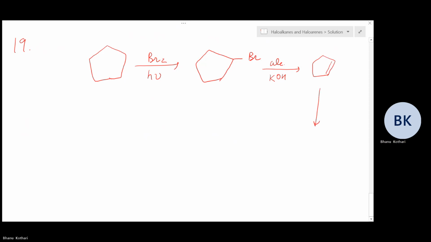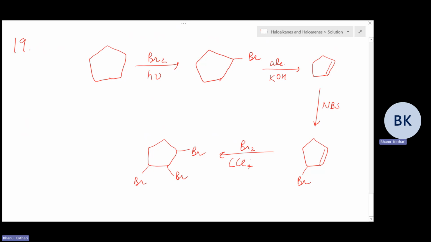And then we need bromine here also, so allylic bromination will take place through N-bromosuccinimide, NBS. Further, when we add bromine in CCl4 solvent, we'll get bromine on both these carbons as well. So the correct option will be option C.